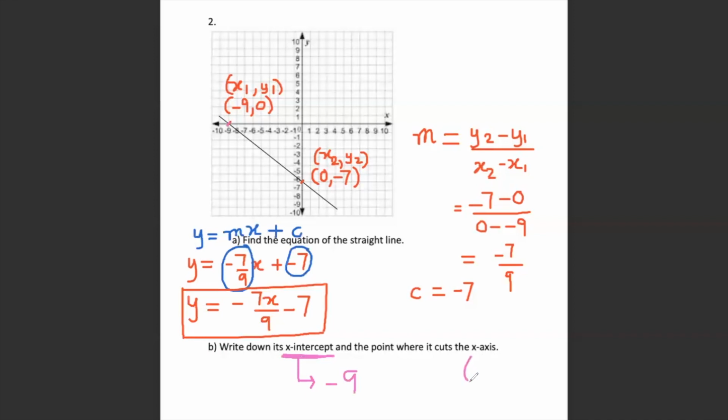So we are going to write the point where it cuts the x-axis is -9, 0. And another thing to note about this graph is it's going downhill. That's why we got a negative value of our gradient. This is a negative value because the graph went downhill.